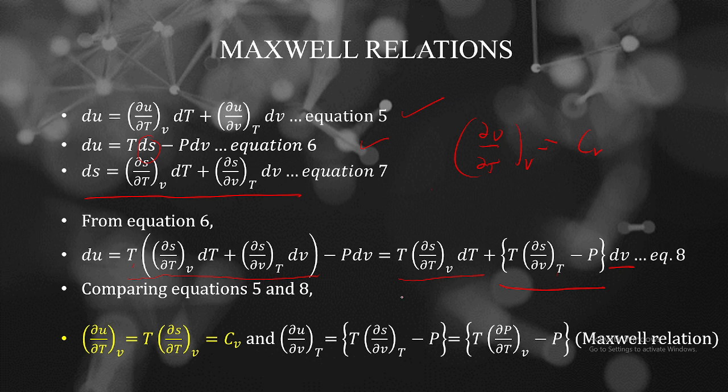Now if we compare with equation 8, which is now dU equal to all of this, realize that the coefficient of dT should be the same as that in equation 5. So it means that Cv is also equal to this expression over here, T (∂S/∂T) at constant V.